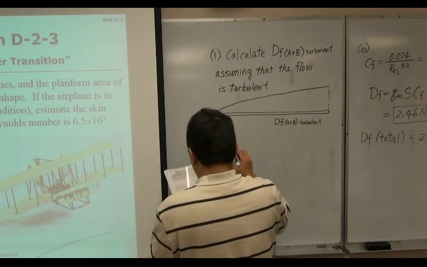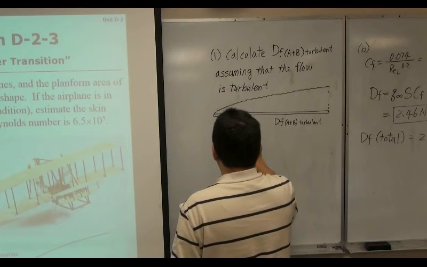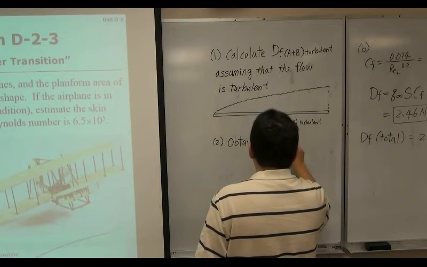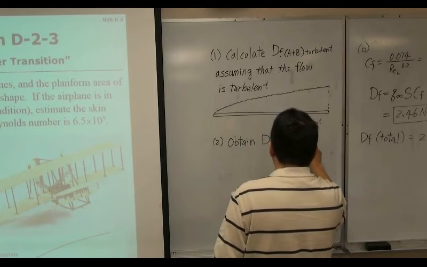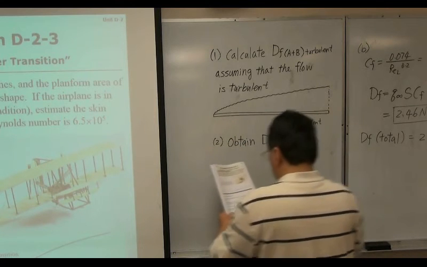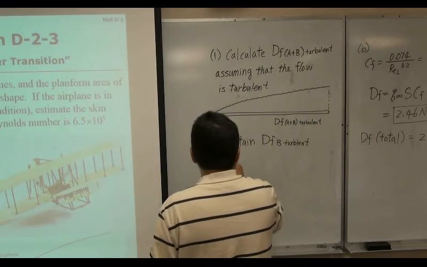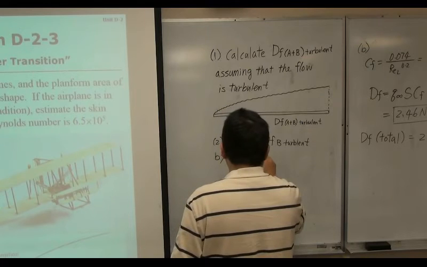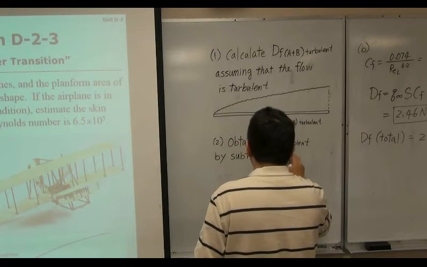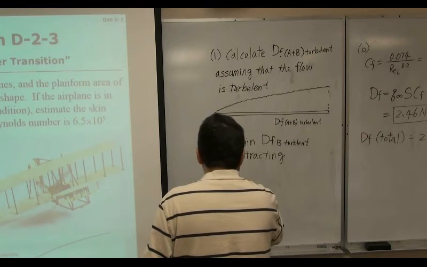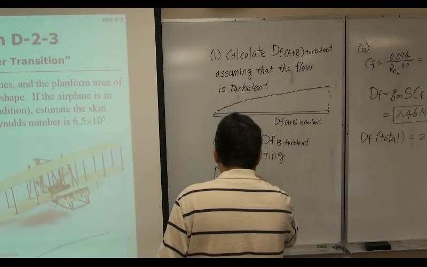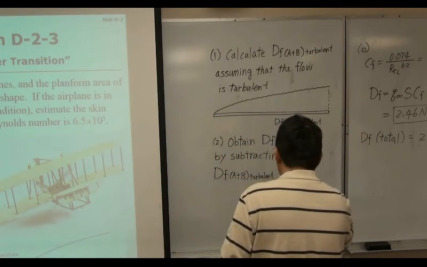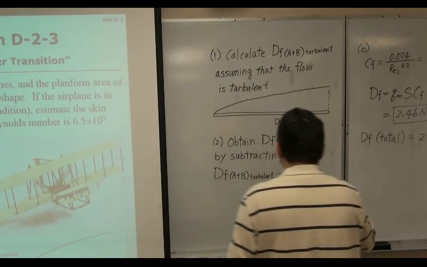Step number 2. Obtain dFB turbulent by subtracting dF A plus B turbulent minus dF A turbulent.